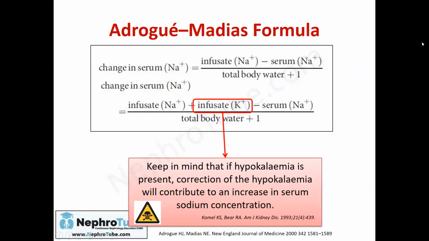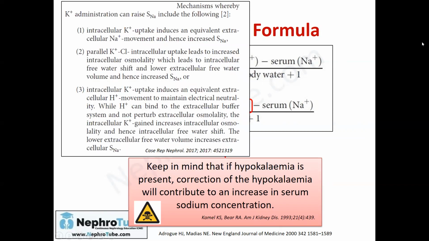Regarding the infused sodium, keep in mind that correction of hypokalemia will contribute to an increase in serum sodium concentration. If you infuse potassium with sodium, you will need a smaller amount of sodium to correct the hyponatremia, because infusion of potassium can correct hyponatremia by many mechanisms.